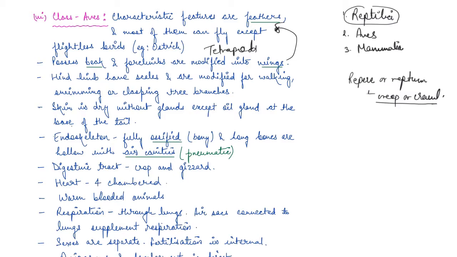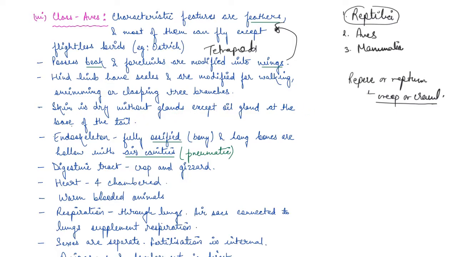Okay, now the hind limbs have scales, and they are modified for walking, swimming, or clasping tree branches if they are a perching bird. The skin is dry without any gland except for oil gland at the base of the tail.